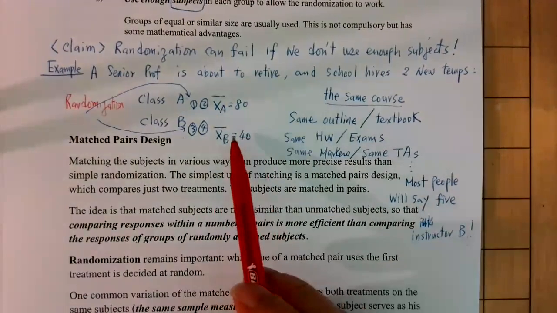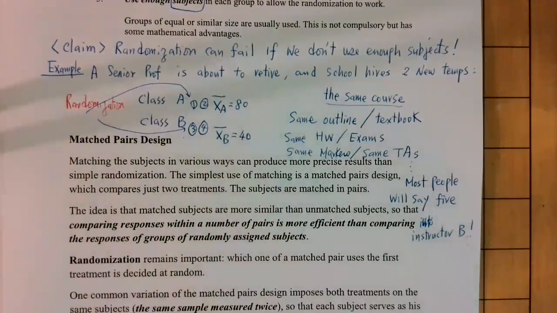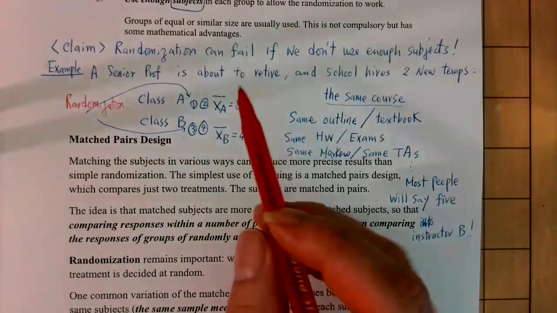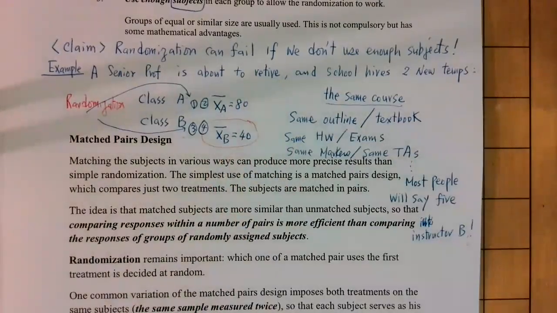Think about it. If this is the case, if you were instructor B, should you stand up and fight for yourself? If you don't fight for yourself, you get fired, right? And the next day you maybe sleep on the street. If you are instructor B and you want to fight for yourself, how can you fight for yourself?